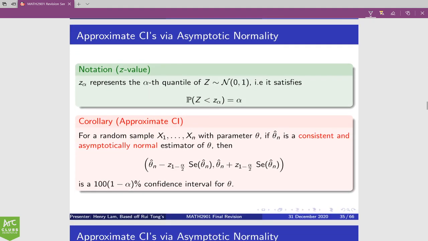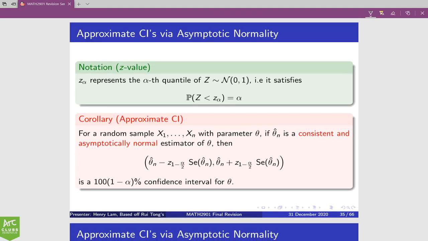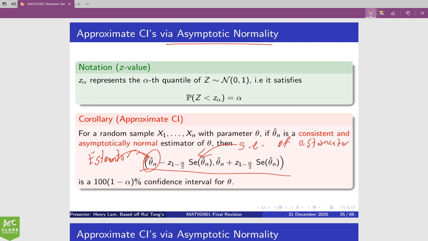And as mentioned earlier, if you have asymptotic normality, you can do the same thing. You find the estimator and the variance, or standard error, of the estimator, and here we use the Z distribution, so normality.